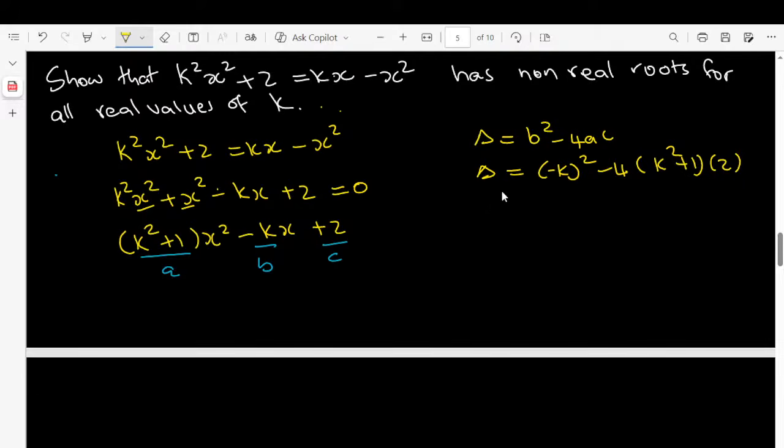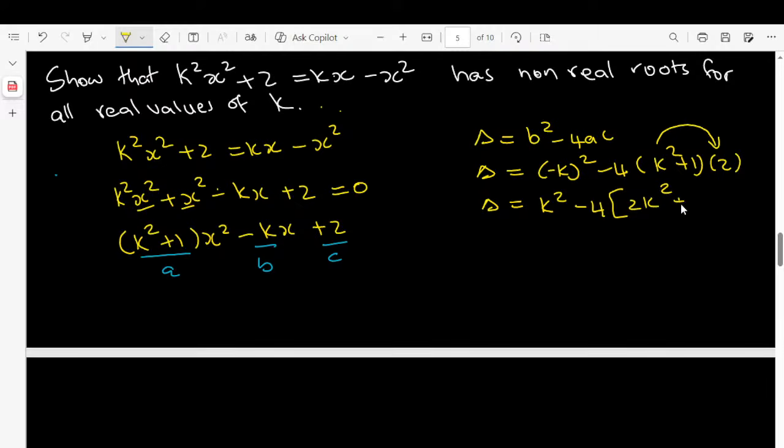So what's next? We need to work out this. This will be k squared. Remember, anything negative squared is just positive, so it will be positive k squared. Then we need to multiply out the brackets here. This times that is 2k squared, so this will be minus 4 that we need to multiply with whatever we get when we multiply out the bracket.